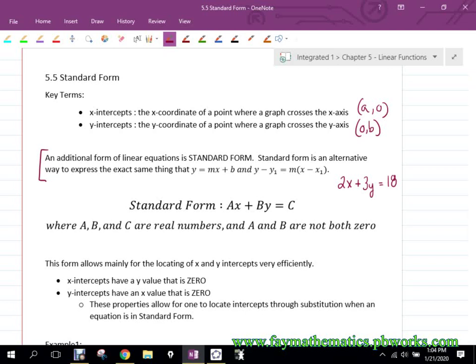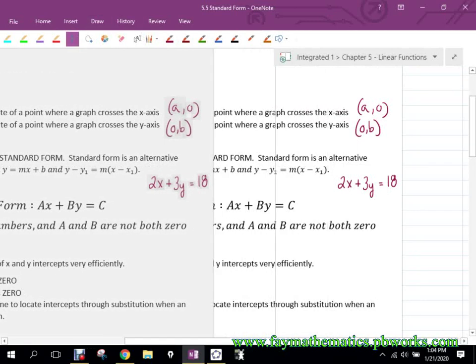The x's and y's are on the same side. The constant of 18 is on the right-hand side of the equation by itself. That is standard form. If I wanted to graph that right now, the only way you know how to graph that is to maybe solve for y, right? We've done a little bit of this in the earlier sections of chapter 5.